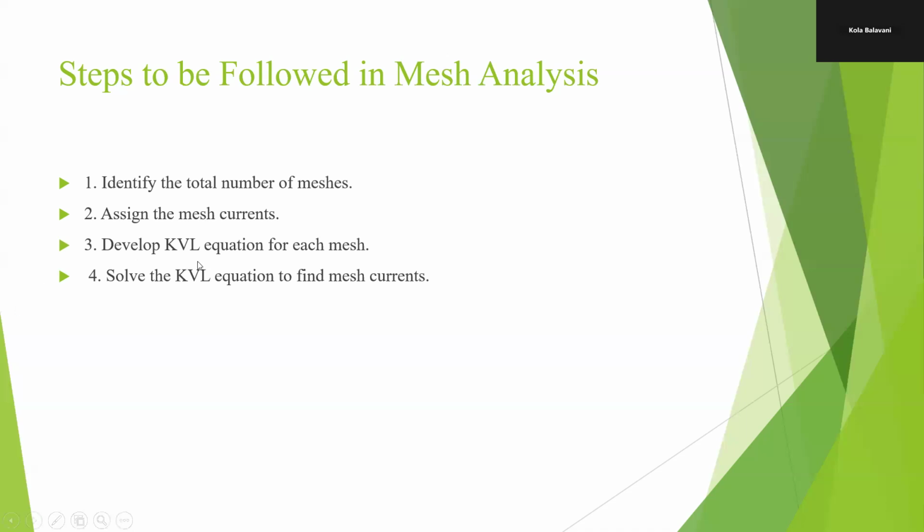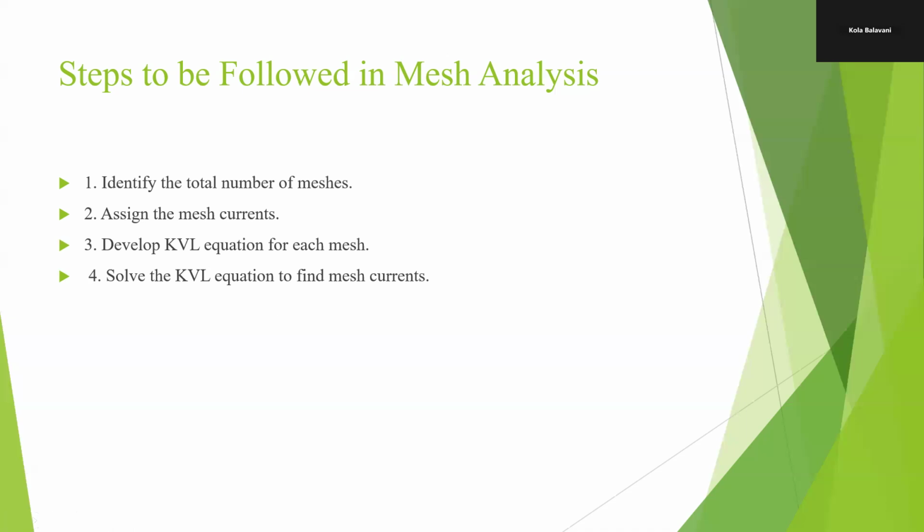Next, for each mesh, assign the mesh current, and for each mesh, write the KVL equations. After writing all the KVL equations for the meshes, finally we solve those equations and determine the mesh currents.